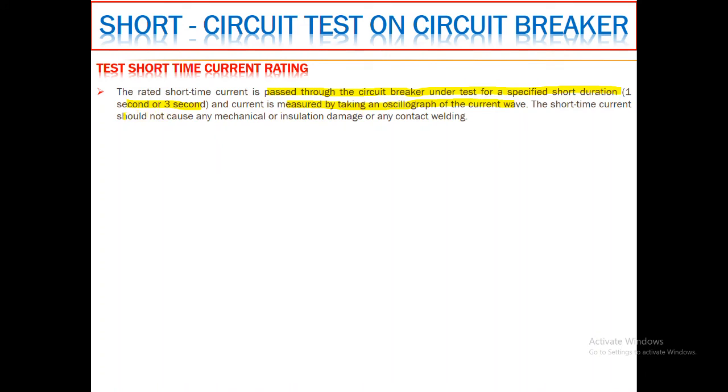The short time current should not cause any mechanical or insulation damage, or even any contact welding. All these specifications can be verified by conducting the short circuit test on circuit breakers in short circuit laboratories using the short circuit test plant.